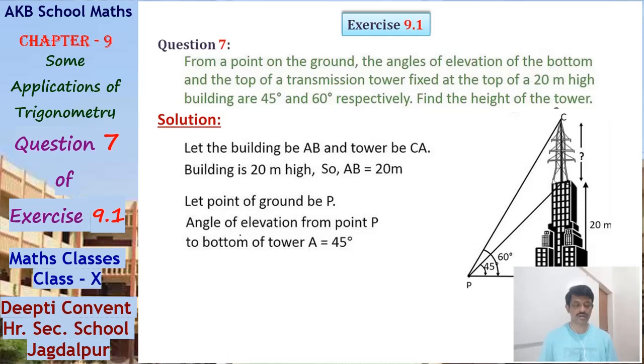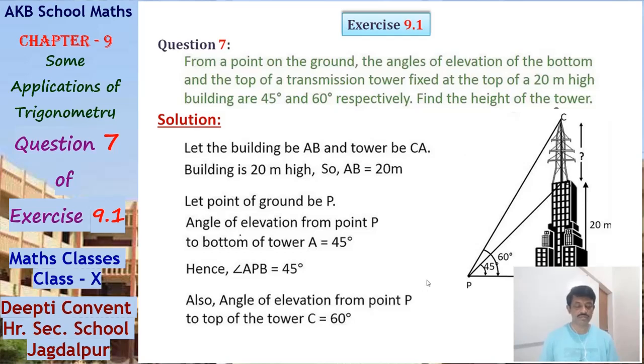So the angle of elevation of the bottom of the tower from P is 45 degree, that is angle APB equals 45 degree. Similarly, the angle of elevation of the top of the tower from point P is 60 degree, that is CPB equals 60 degree. So both angles are given.